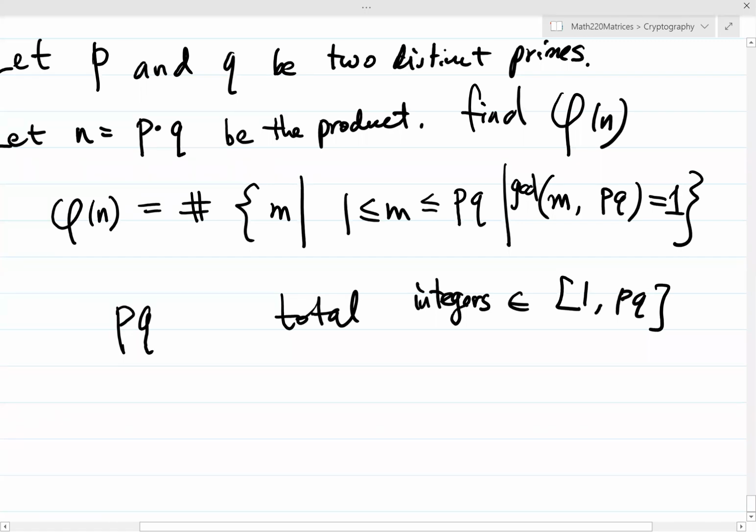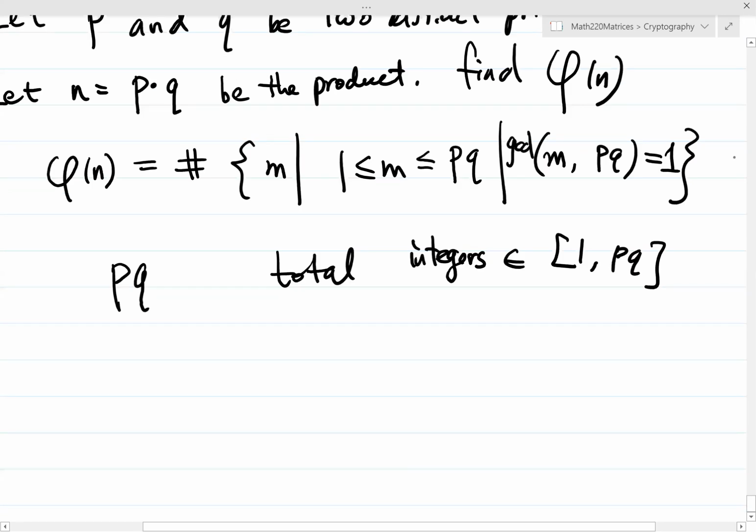Now either we have this condition: how many numbers are a multiple of P? How many multiples of P are there in this interval?